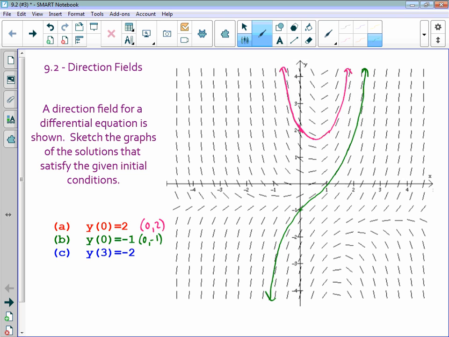And really the green one might even be a little steeper on the right-hand side when I'm stepping back and looking at it. But it gives you a pretty good idea.